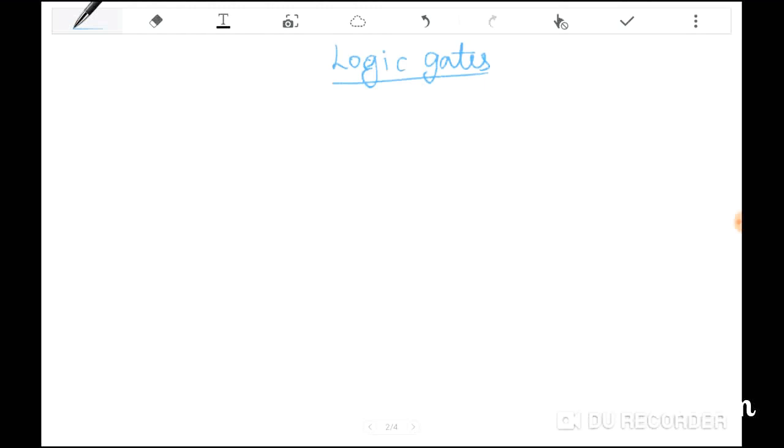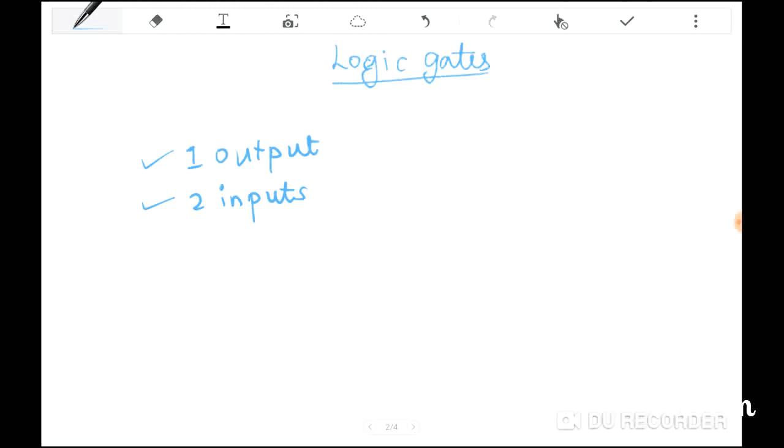In general, logic gates have one output and two inputs. This is the fundamental of logic gates. Now, there are some exception cases as well.